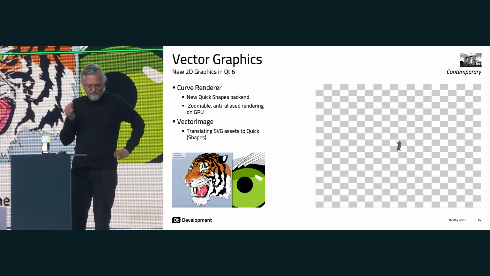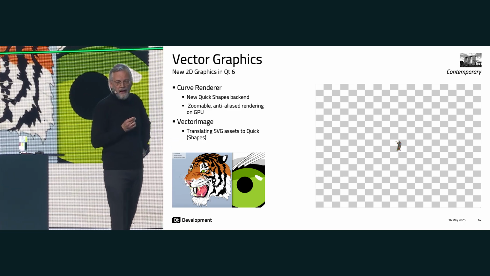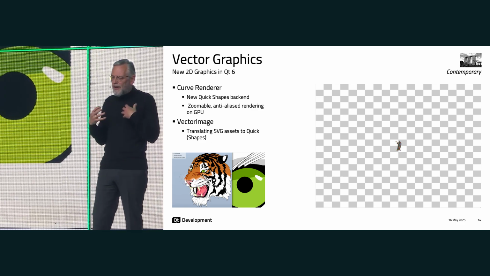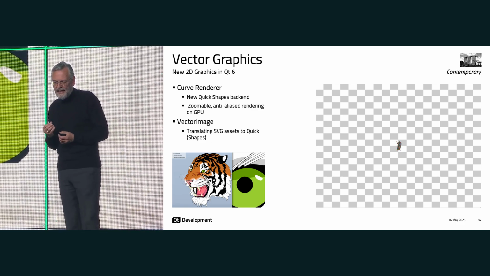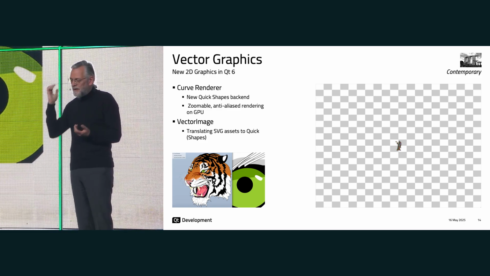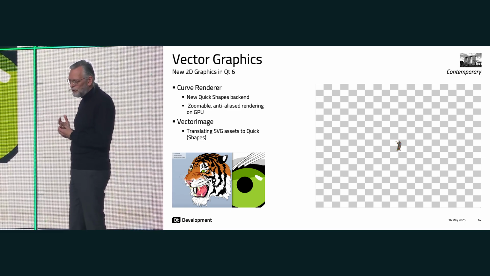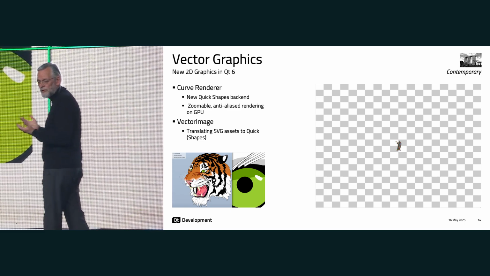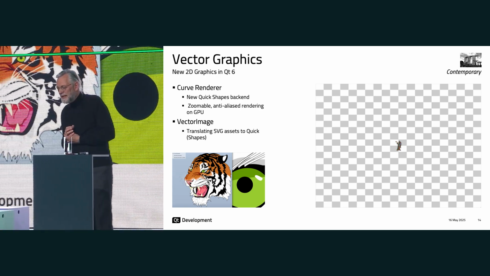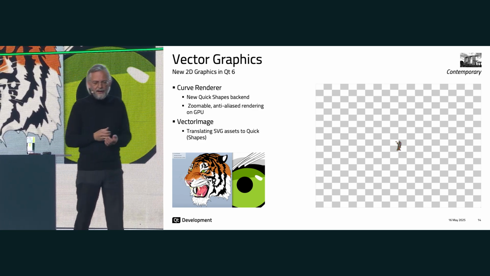In version 6.6, we introduced the curve renderer, a new backend for Qt Quick Shapes, with more advanced pre-processing, more advanced shaders that yields anti-aliased rendering without super sampling, and allows deep zooming without retriangulation, as we see here in the prismatic angel demo.